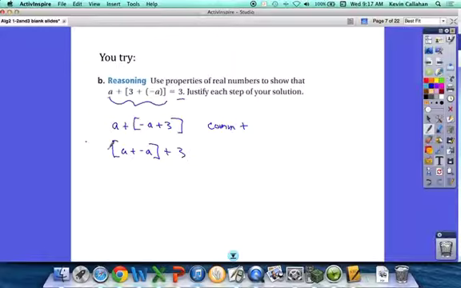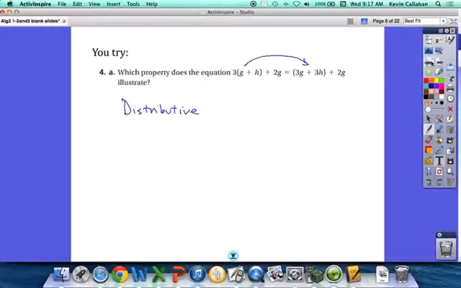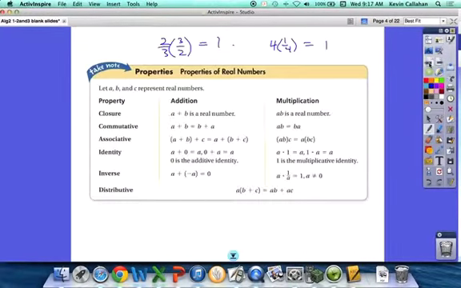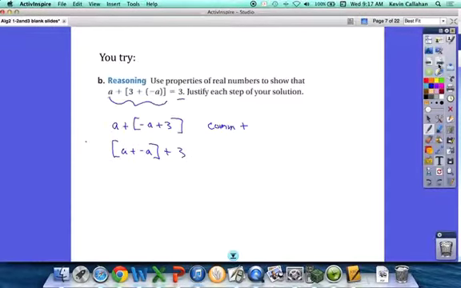What property is it that says the way you group them does not matter? Remember, which is the one that said grouping doesn't matter? Associative, right? So that's associative for addition.